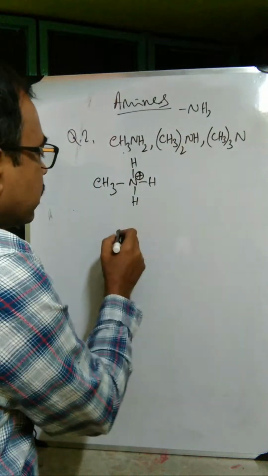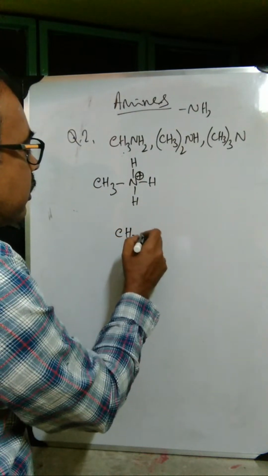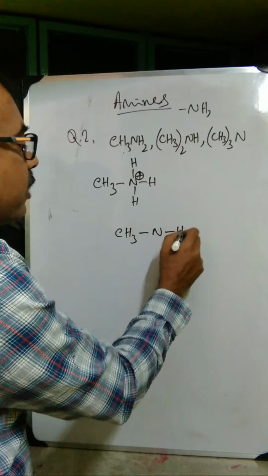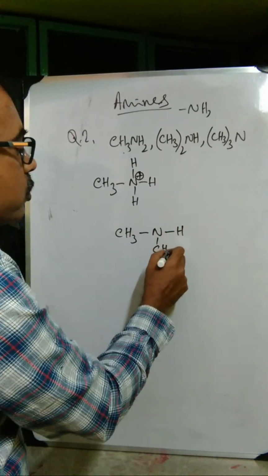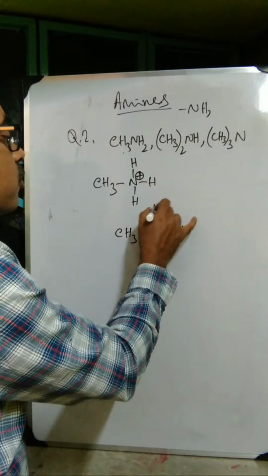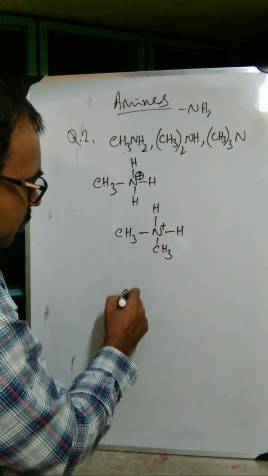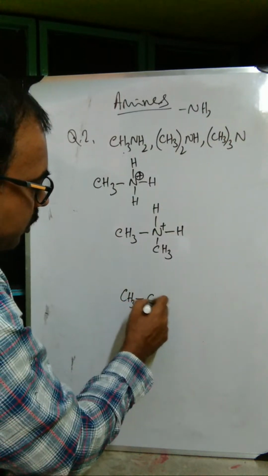Similarly, when (CH3)2NH is present, it can also accept one H plus from water to form this cation. And in case of these molecules, 3 CH3 groups are there.